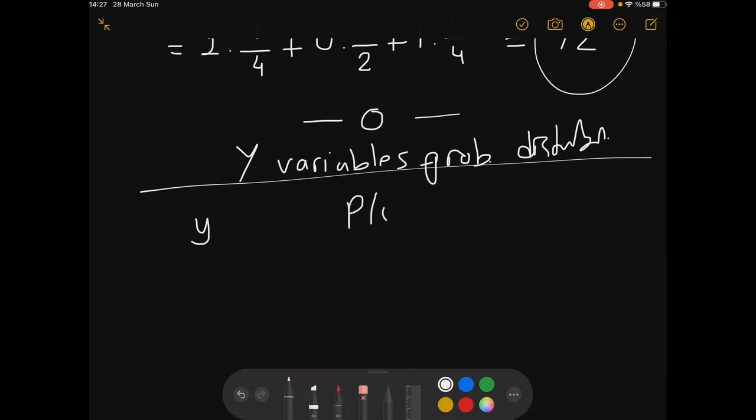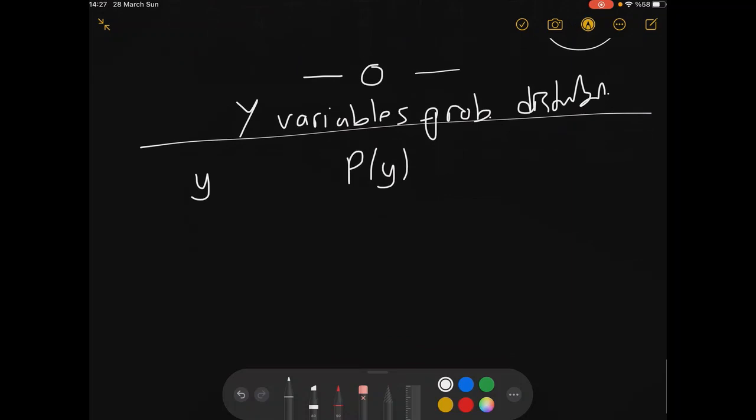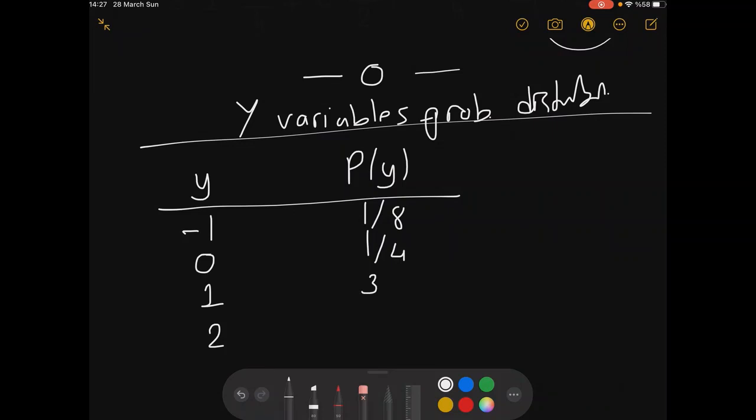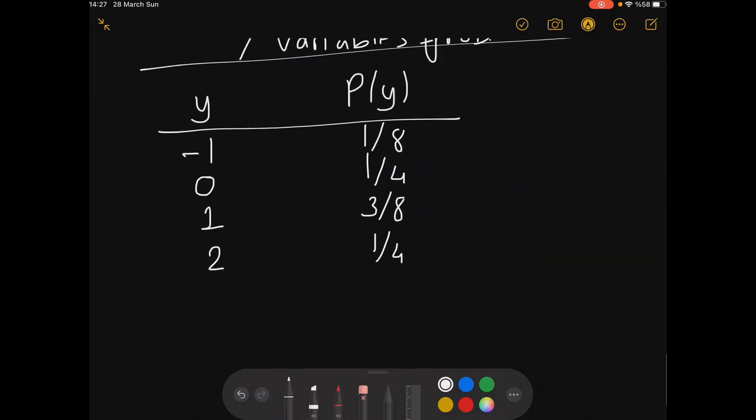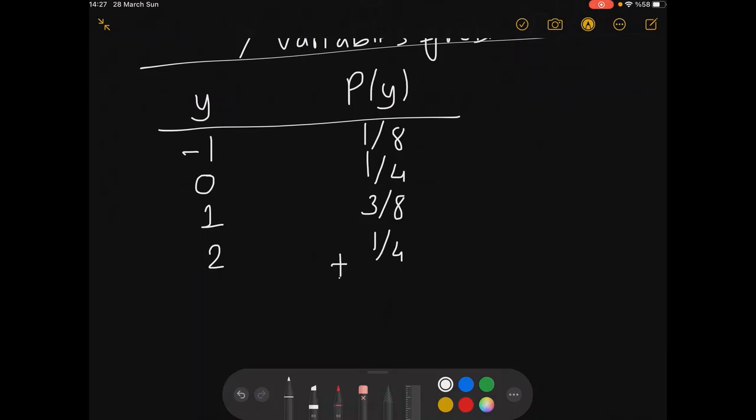It can have the outcomes of minus 1, 0, 1, and 2 respectively, and their corresponding probabilities should be 1 over 8, 1 over 4, 3 over 8, and 1 over 4. This is just a random example, okay? When you add all of the possibilities here, they should correspond to 1.